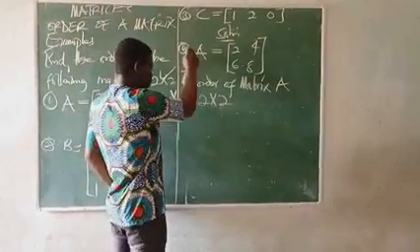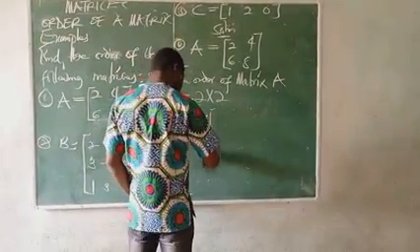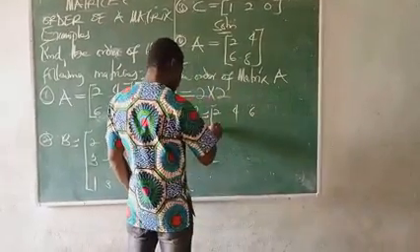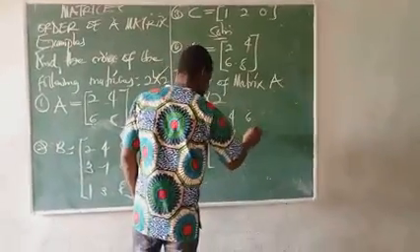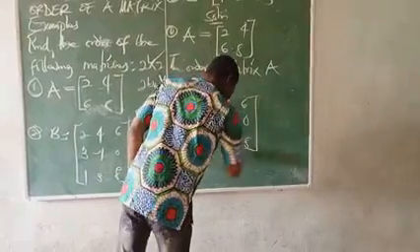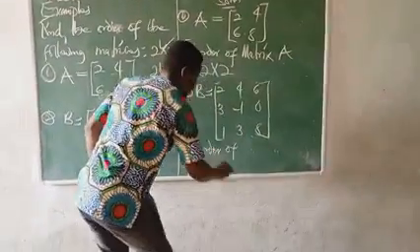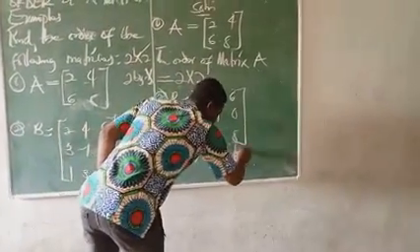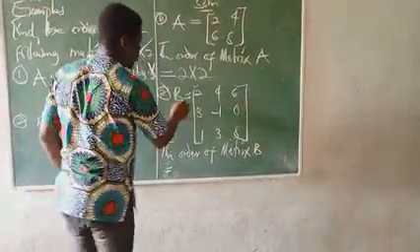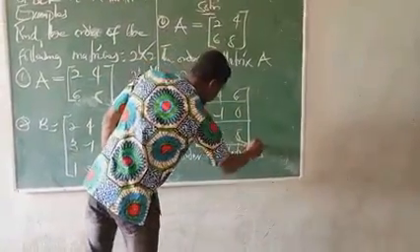Now, for the second one, we have matrix B equals, I think, 2, 4, 6, then 3, minus 1, 0, then 1, 3, 8. So the order of matrix B is equal to, of course, when you look at this, this is row 1, row 2, row 3.